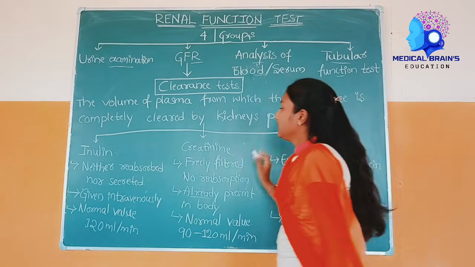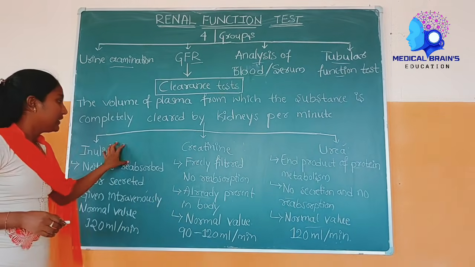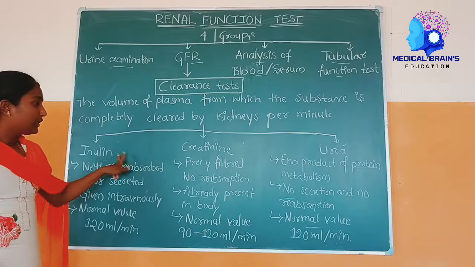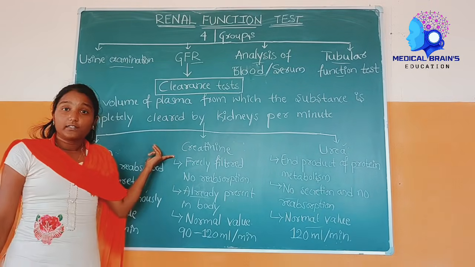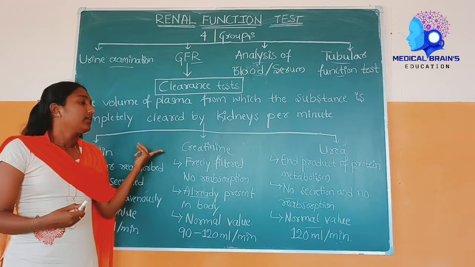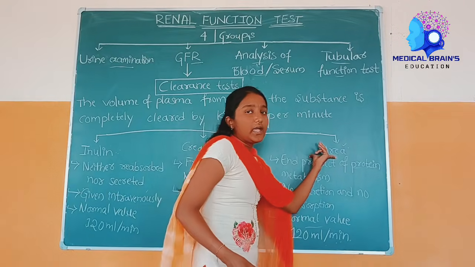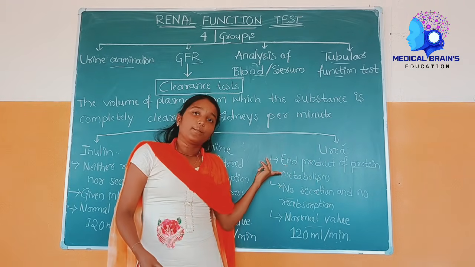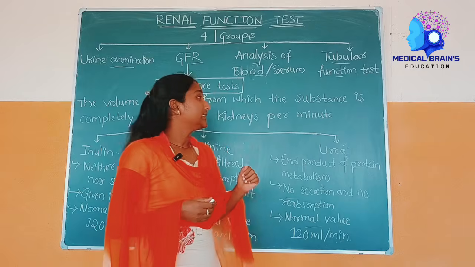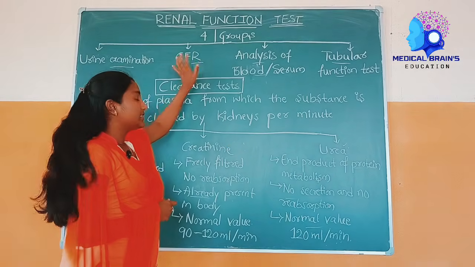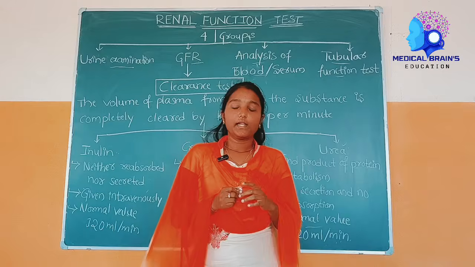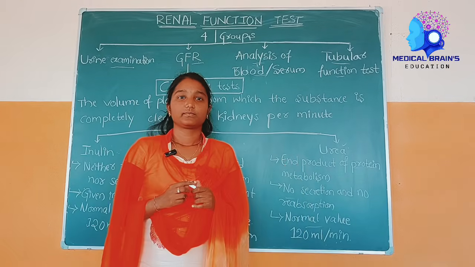The important thing here is that inulin and creatinine are not affected by the protein diet, whereas urea is affected by the protein diet. And the glomerular filtration rate value is 125 ml per minute.